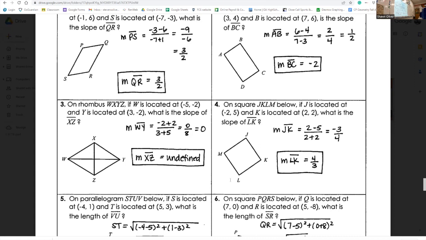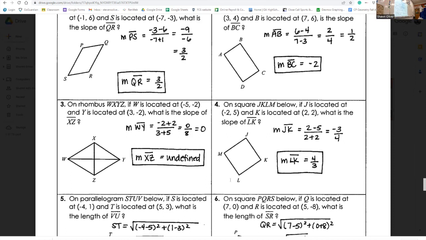Opposite sides are parallel, so the slope is the same. So if they asked you for AB, the slope of CD would be 1/2, because they're opposite, they're parallel. And on a rectangle, it would be opposite. Got it.